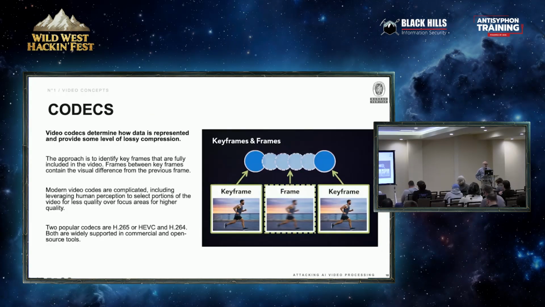So codecs, video codecs are very complicated. The two that I work with the most and that are popular and they're open standards are H.265 and H.264. Your Apple iPhones will typically output 265. The complexity comes in: if we store every frame in a video, it's very large. It becomes hard to deal with. But as we think about motion, I don't need to do that. I can start with a frame, like a runner here. And then the next frame, I only need to record the differences.